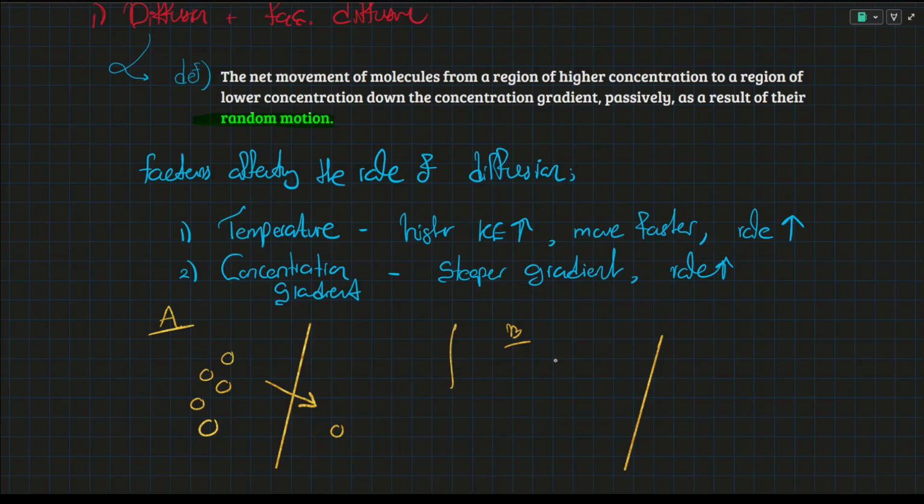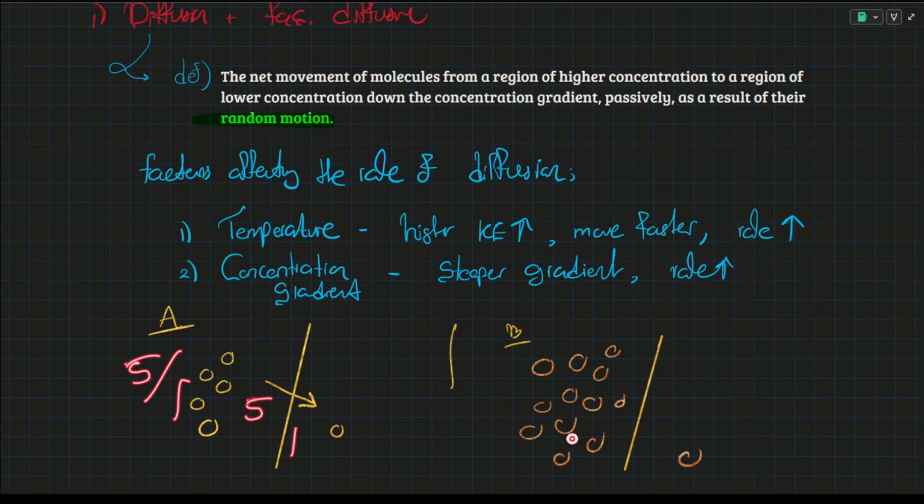High concentration to a region of lower concentration. Now, if I have 1, 2, 3, 4, 5, 6, 7, 8, 9, 10, 11, 12, and just one here, still the concentration gradient is the same, right? We're going from a high to a low region. But do you see the steepness of the concentration gradient? Here it's 5:1.